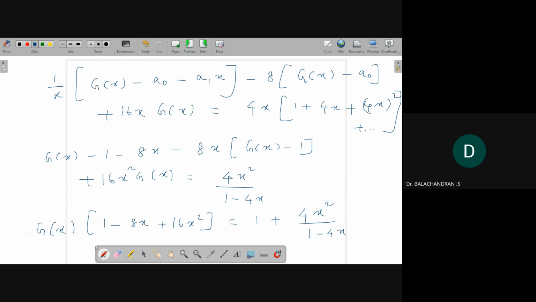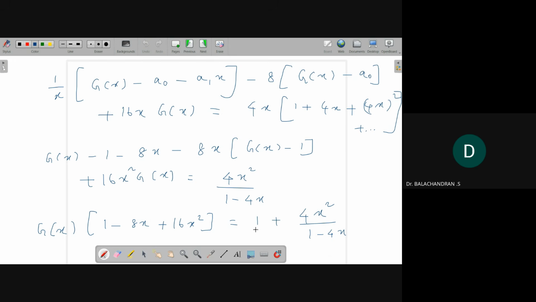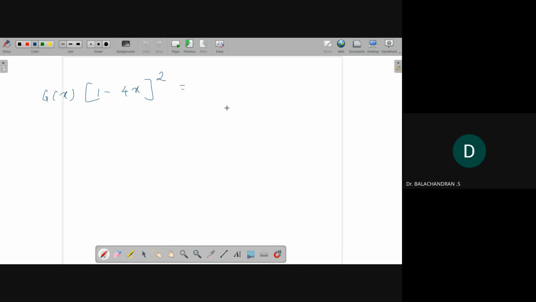So 4x, throughout multiply by x means 4x square, here 4x square. So g of x into 1 minus 4x whole square. If you take LCM, 1 minus 4x plus 4x square divided by 1 minus 4x.